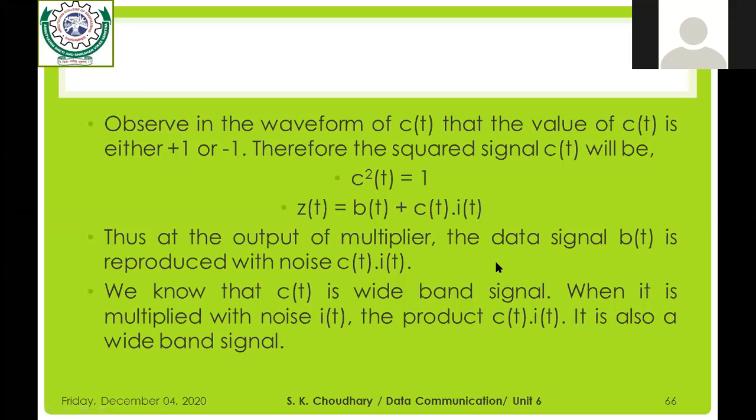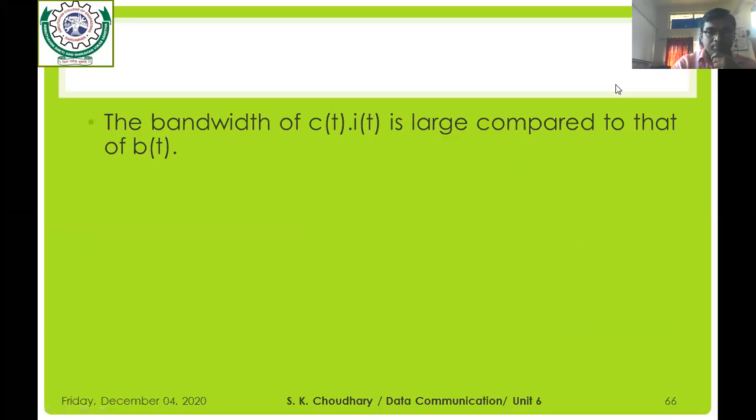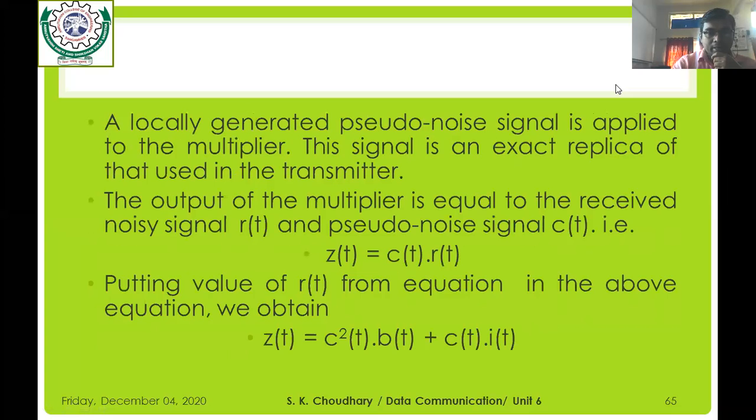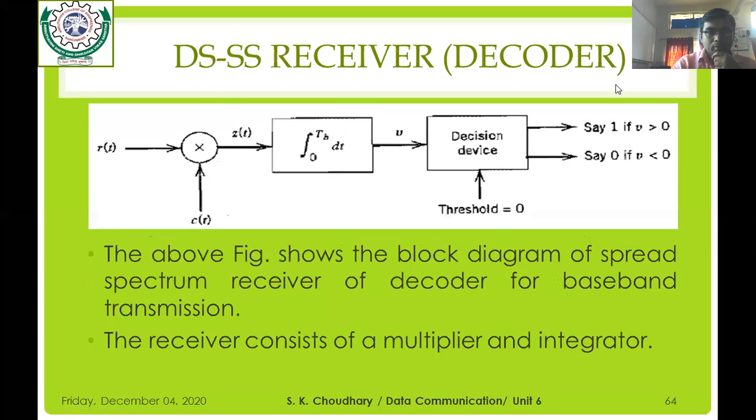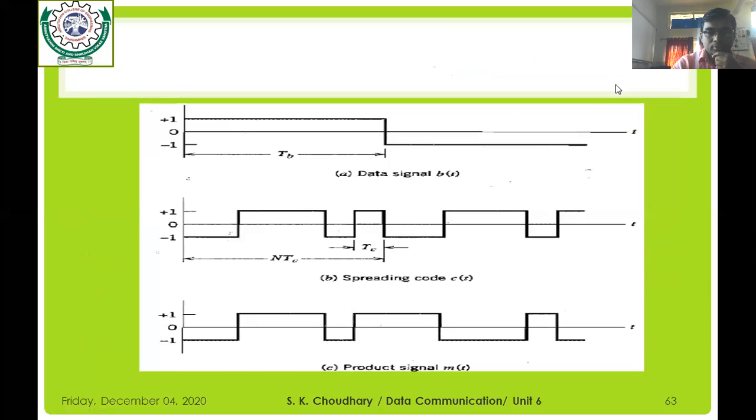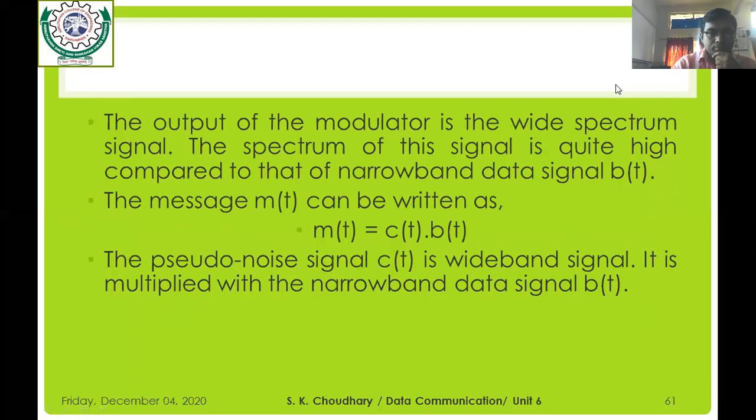So yesterday we have seen up to the direct sequence spread spectrum BPSK signal generation. We have gone through the block diagram of the DSSS transmitter.